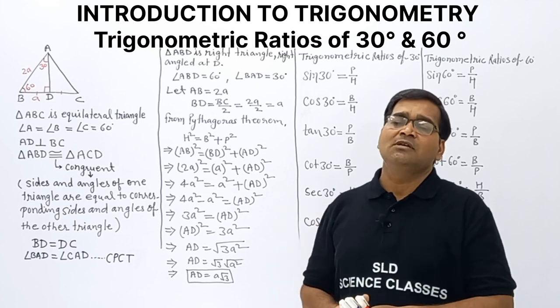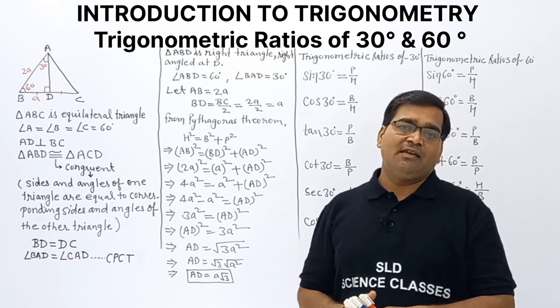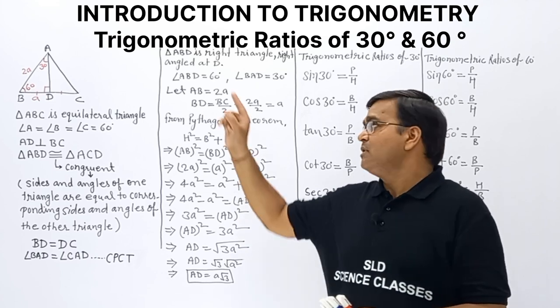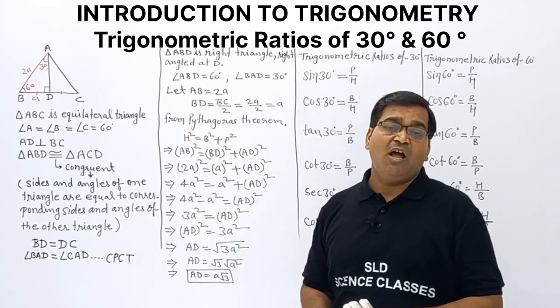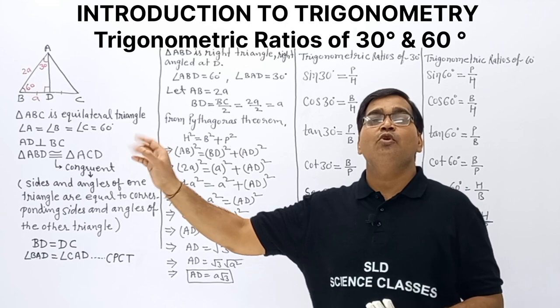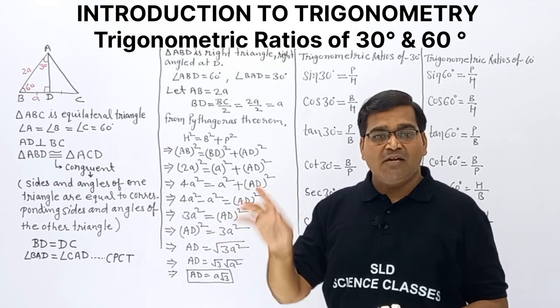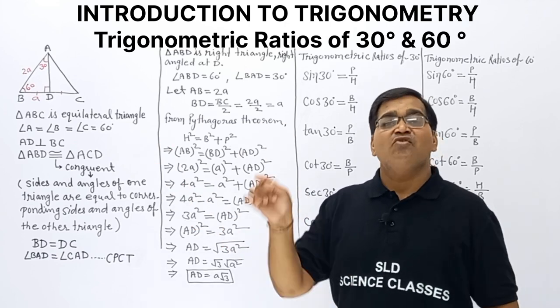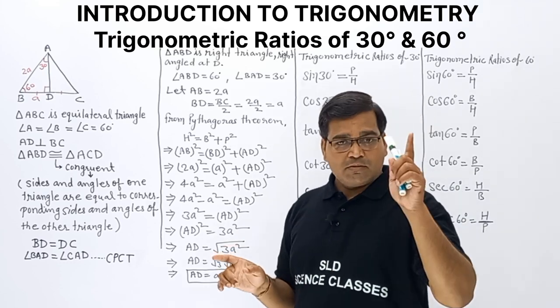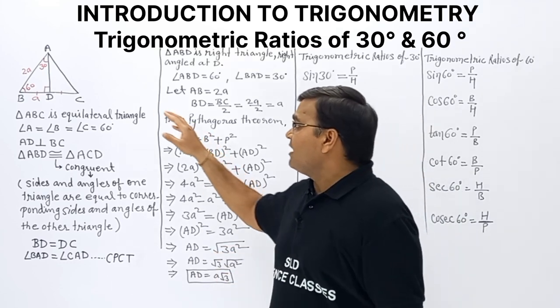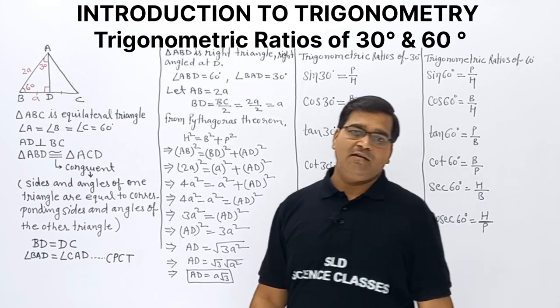So I am deriving the concept. How are we obtaining the values of cos 60, cos 30, sec 60, sec 30 in the table? For this we are taking one equilateral triangle.